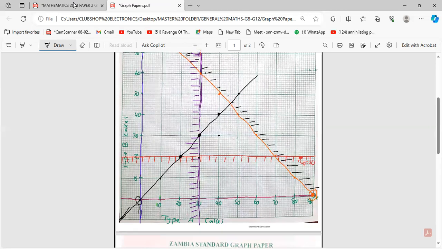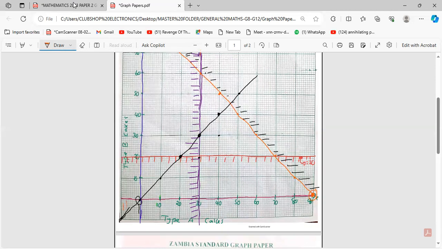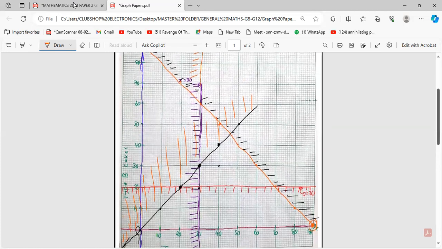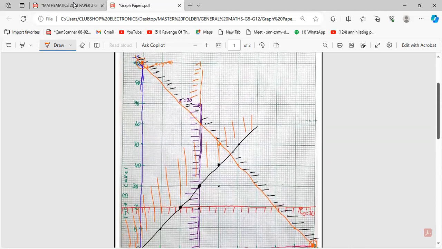So you shade that. Get the top part and take it off. All right, and that's it.